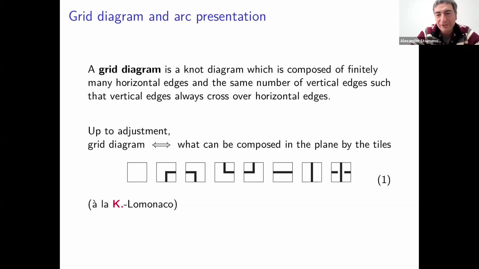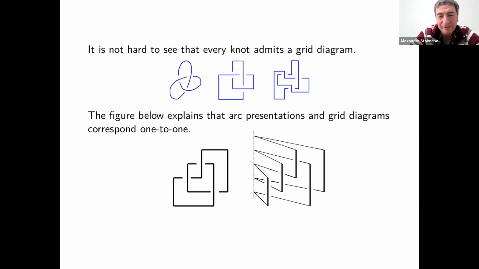Okay, so and then you can formalize the definition of a grid diagram in terms of this mosaic, and it is not very difficult to see that every knot has a grid diagram and that arc presentations correspond one-to-one to grid diagrams. So I will mostly talk about grid diagrams, not about arc presentations, but they are kind of equivalent.